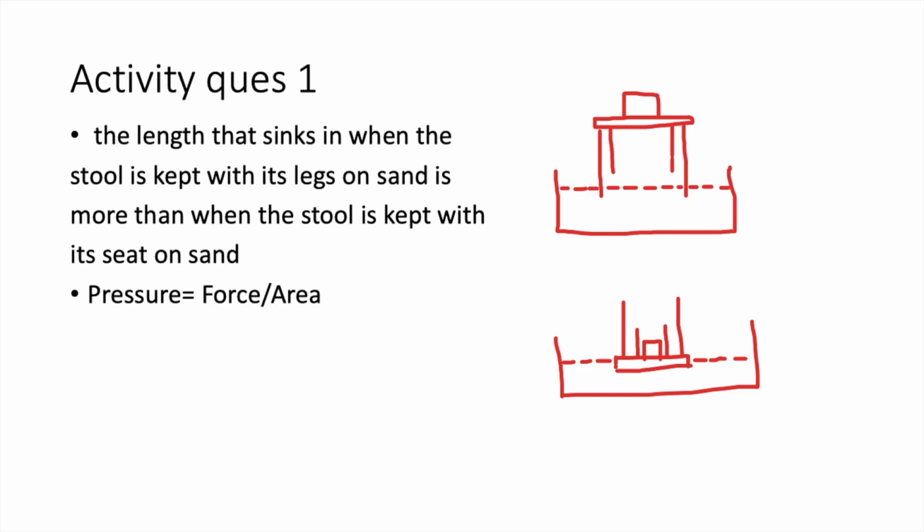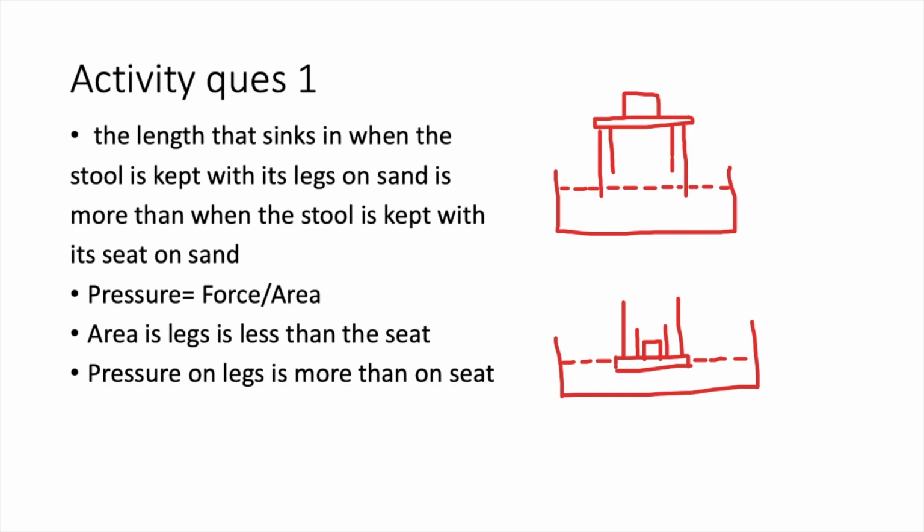As the area of the legs in contact is less than the area of the seat of the stool, for the same weight or force, the pressure is more when the stool sits on sand with its legs than with its seat. Therefore, the sinking length is more in the first case than in the second one.